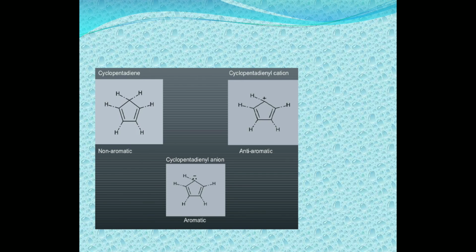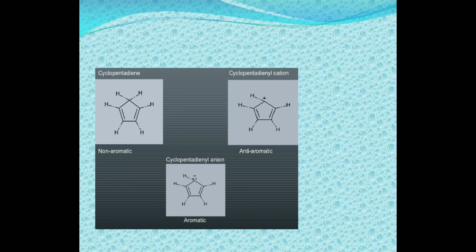The cyclopentadienyl cation is cyclic and planar, but has 4 pi electrons, which is a 4n pi system, so it is anti-aromatic. The third one, the cyclopentadienyl anion, is cyclic, planar, and has 6 pi electrons. That means it follows the 4n plus 2 Huckel's rule, so the cyclopentadienyl anion, often called the CP anion, is aromatic in nature.